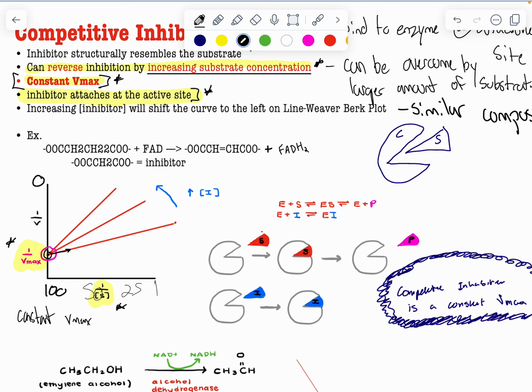But what I want you guys to know is we are seeing a left-hand shift right here. So with this left-hand shift, that's really all I want you guys to know. If we see an increase in our inhibitor level or an increase in the concentration of these guys right here, our graph is just going to rotate up and to the left, which means our substrate concentration that we need to override this mechanism is at such a higher threshold compared to if we didn't have it.